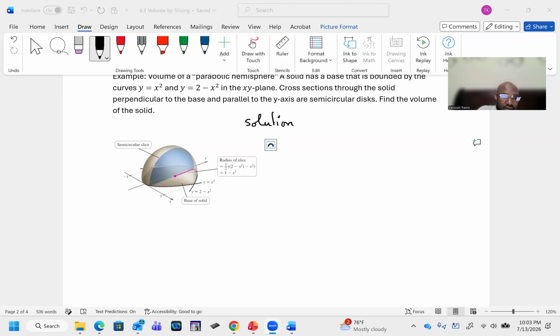So you can see the cross section perpendicular to the x-axis is a semicircular disk, right? Look, it's a semicircular disk, this one.